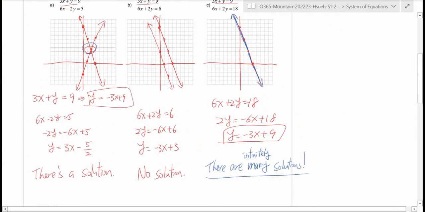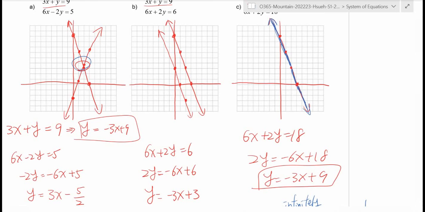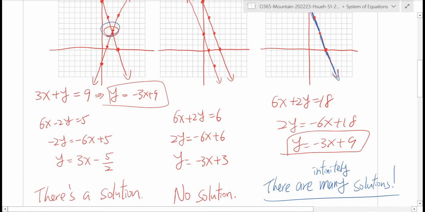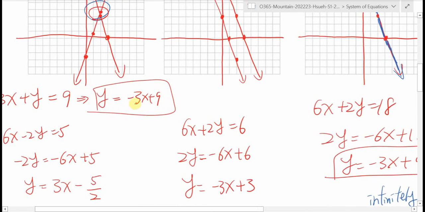Now, what's special about these? How come we have one solution for part A, no solution for part B, and infinitely many solutions in part C? How can we tell from their equations that we have such properties? Well, what you notice, or hopefully you notice, is that for part A, for the first line, we have a slope of negative 3.